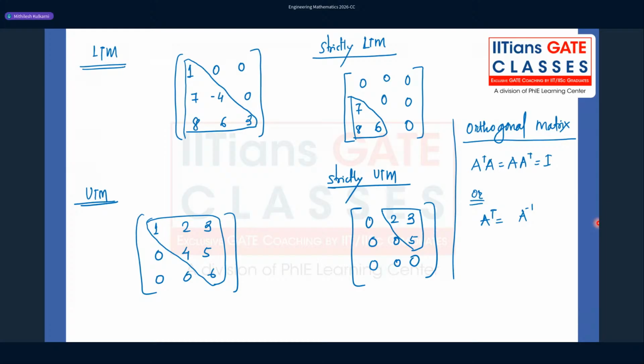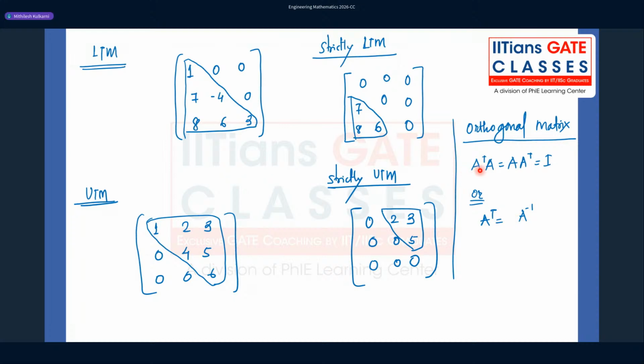And there is one last type of matrix, which is the orthogonal matrix. If A transpose is equal to A inverse, then that matrix is called an orthogonal matrix.